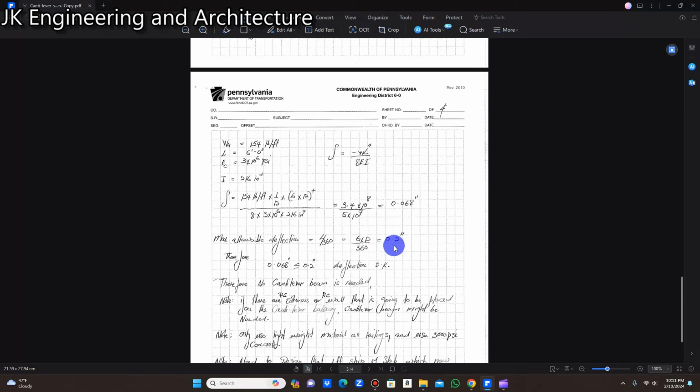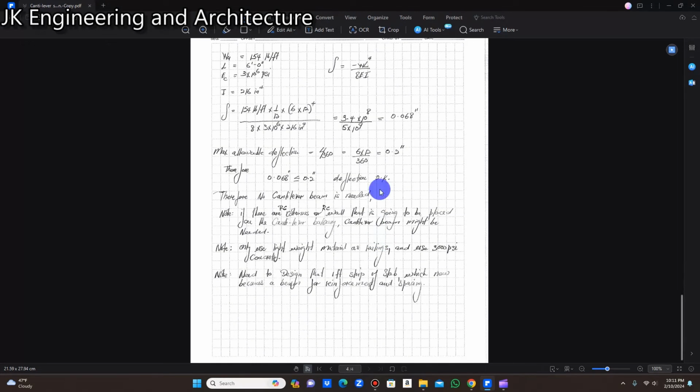That gives me a result of 0.2 inches. Therefore, 0.068 inches is less than 0.2 inches, which means the deflection is okay, because the calculated deflection is not surpassing the length divided by 360, which works out to be 0.2 inches.